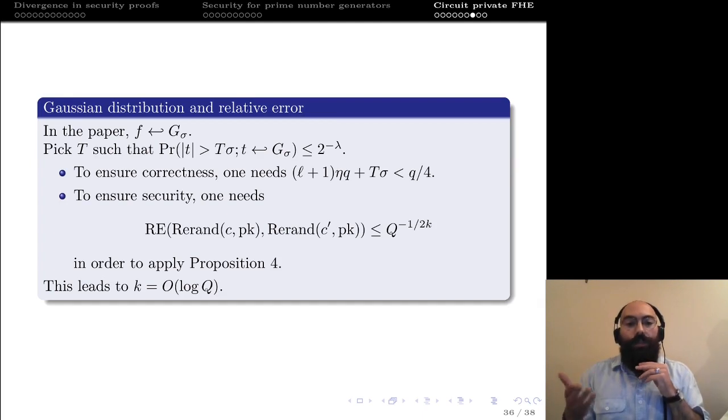So we again get two bounds. First, you want the noise to not be too high so that you have correctness of decryption. And then to ensure security, we want the relative error to be lower than q to the minus 1 over 2k, because we're going to apply Thomas's inequality, so proposition 4, for our Renyi-based security proof. And this leads to k being of the order of log of q.